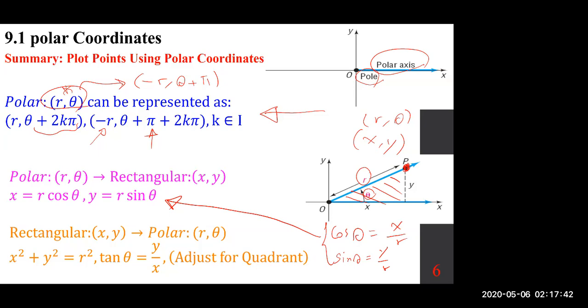But if it's not 1, and it's centered at 0, 0, it's x squared plus y squared equals r squared. Okay. And as you recall, tangent, as always, is what? You can say y over x or simply sine over cosine. Either way, it gives you y over x. Now, as far as finding the angle for the polar coordinates, you really have to figure it out based on the quadrant, class, okay? You have to figure it out based on the quadrant.